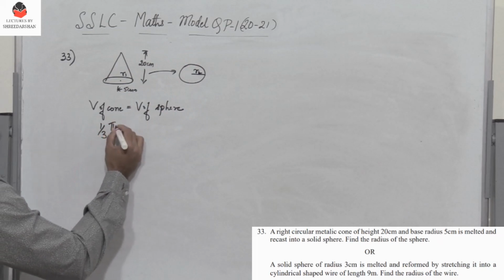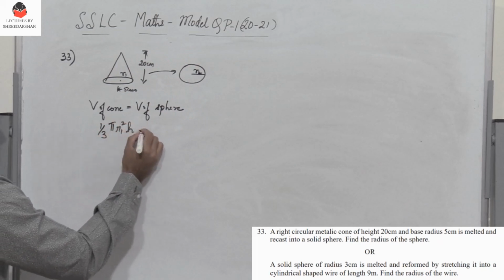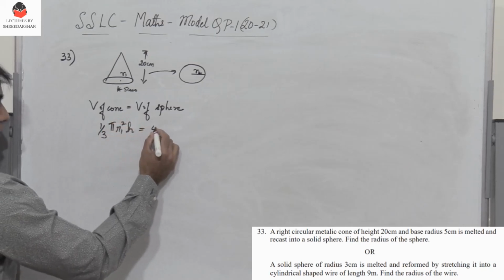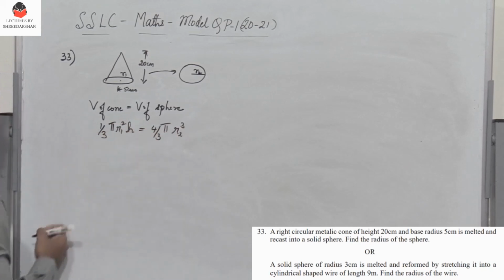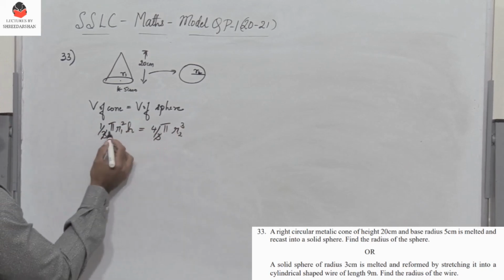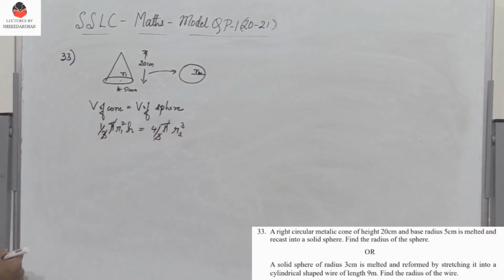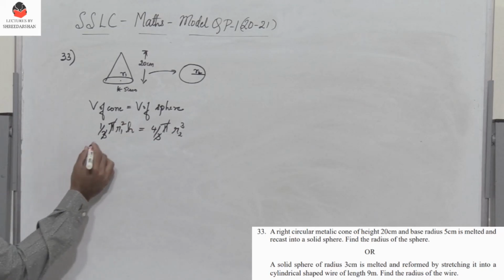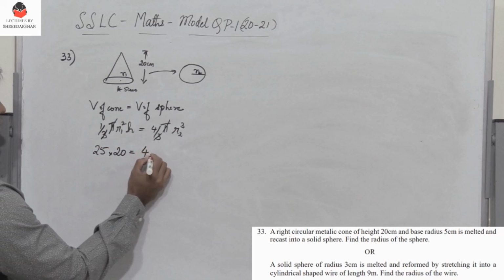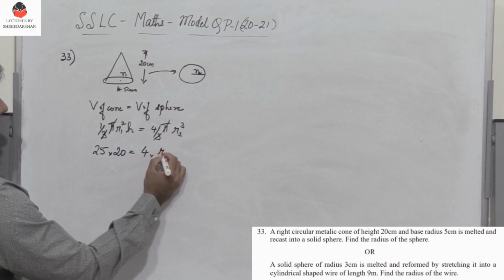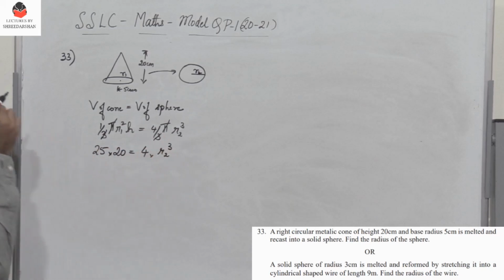And what is the volume of the sphere? It is 4 by 3 pi R2 cube. So 1 by 3 gets cancelled, pi gets cancelled. So R1 square is 25 into height is 20 equals 4 into R2 cube. So this is what I need to find.